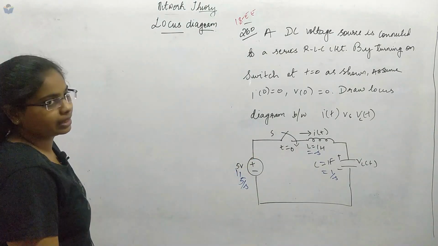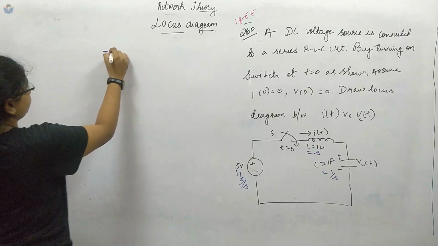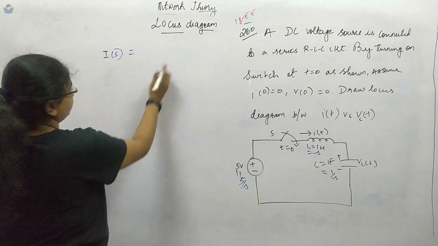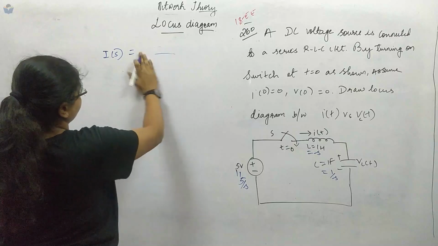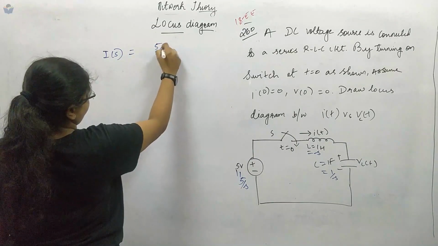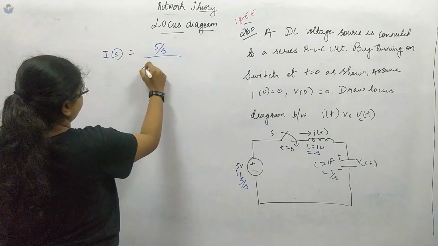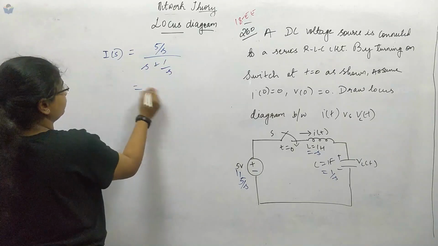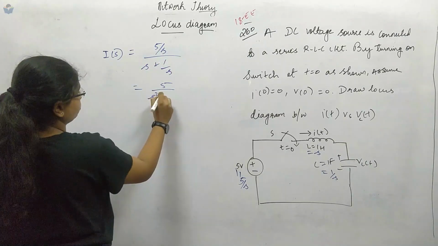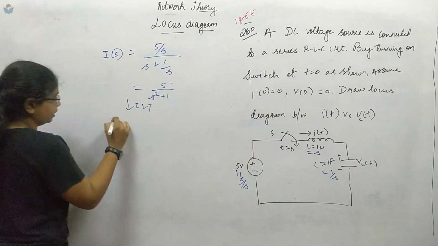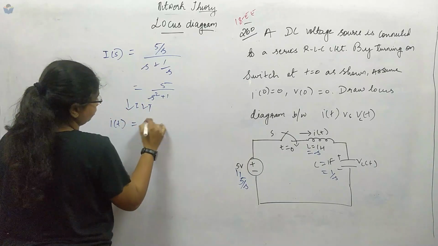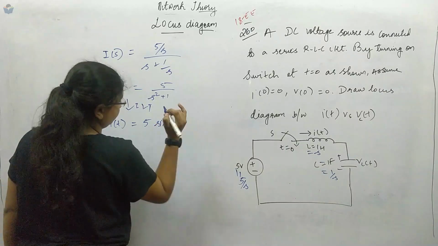Now we will find I of s. So I of s is nothing but phi by s divided by s plus 1 by s. So this will be phi upon s square plus 1. When you take the inverse Laplace transform of this one, you will get I of t as phi sine t.